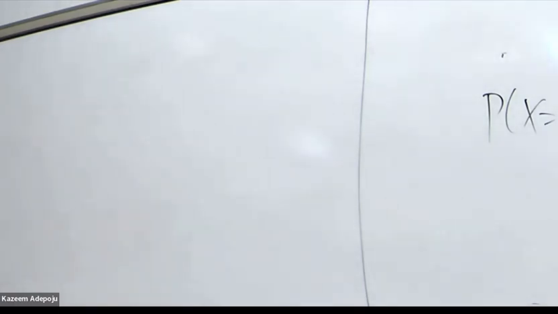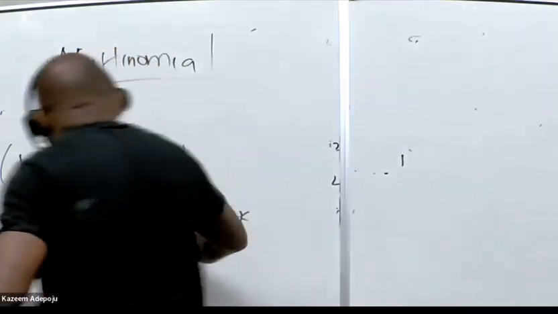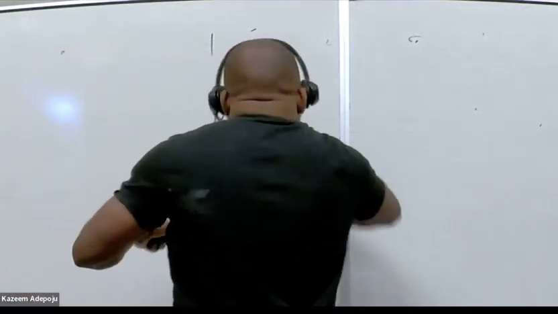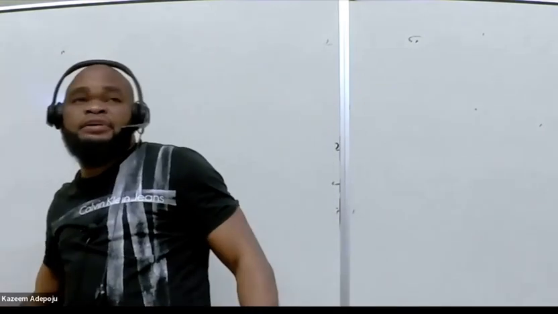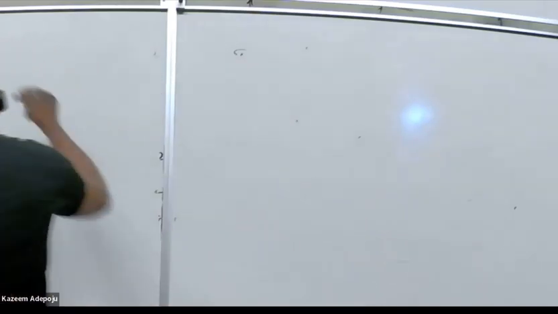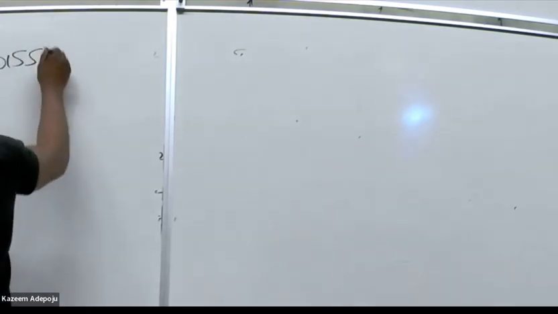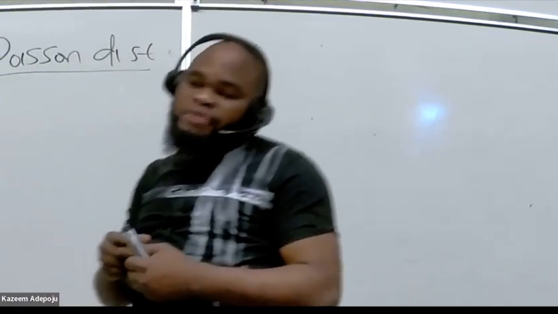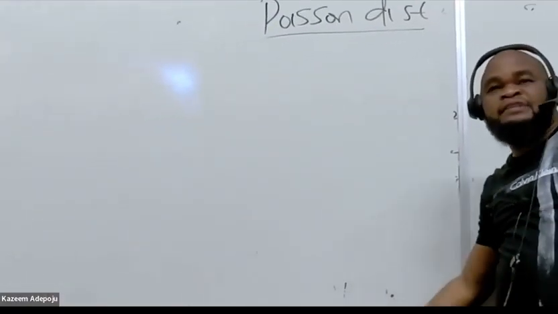Now, the next one that we talk about is the Poisson distribution. I told you the multinomial is when the number of possible outcomes is more than 2. Okay, more than 2 groups. Now, we use the Poisson distribution to model rare events.